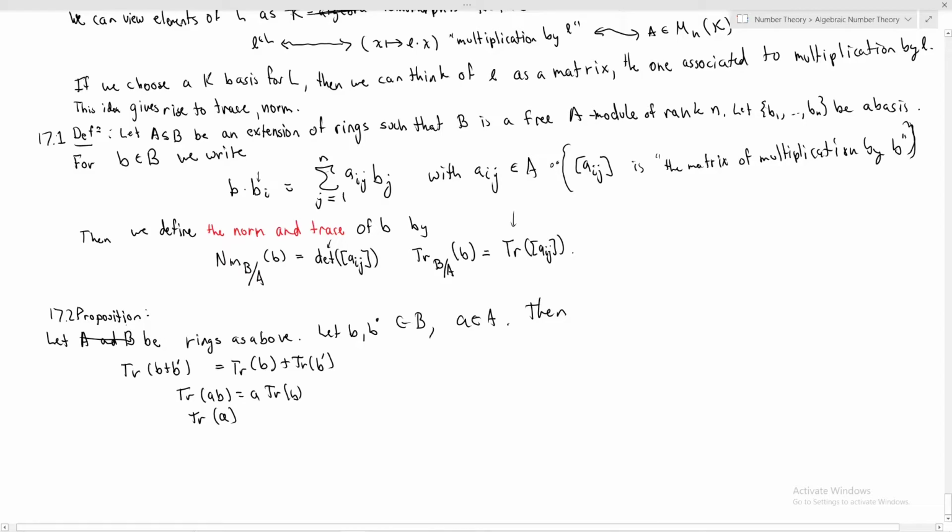So, if B is free of rank n, then elements of A just go to A to the n. So how do you see this? It's because A times Bi is just A Bi. So the matrix associated to an element A is just the diagonal matrix A. Okay.